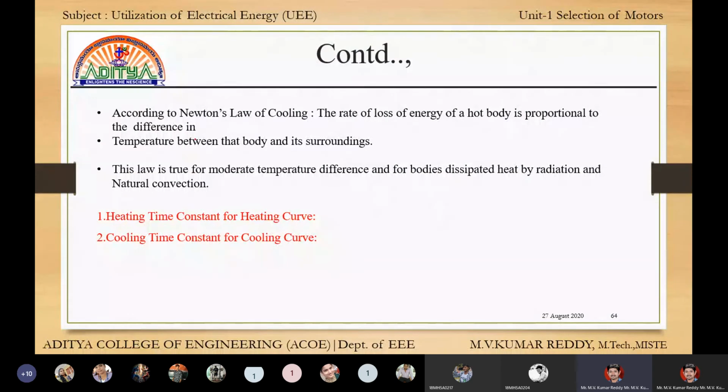Next, according to Newton's law of cooling, the rate of loss of energy of a hot body is proportional to the difference in temperature between that body and its surroundings. Suppose this is the body. It says the rate of loss of energy: suppose this object is heated and placed in an air medium.